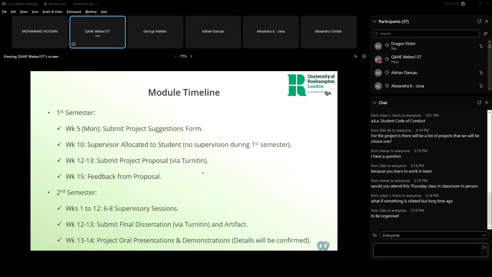During semester 2, on week 1, that's when you meet your supervisor. And that's where your supervisor gives you face-to-face feedback, online or on campus, doesn't matter, on your proposal: what needs to be done, what needs to be updated, what is wrong, what is right, as well as discussing your ethical approval form.